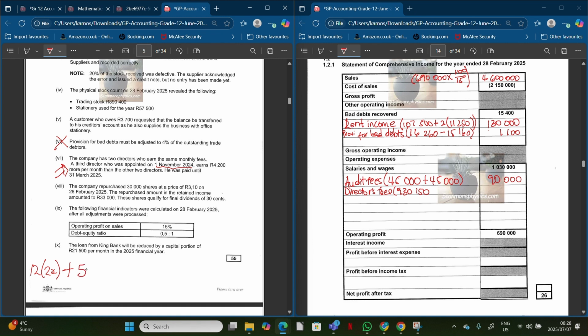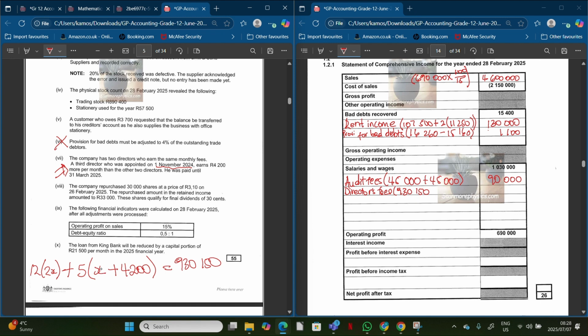And then in those 5 months, he was paid the x amount, which is the same amount as them, but he gets paid more by 4,200. So this whole amount right here is equal to the 930,150, right?